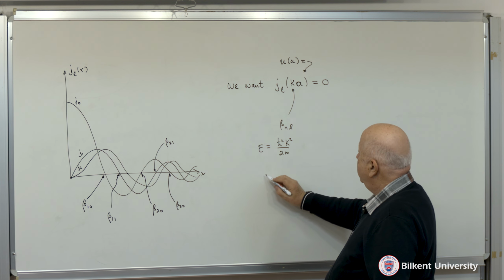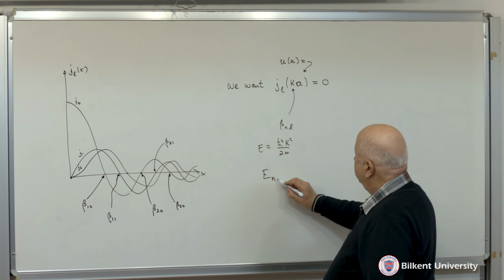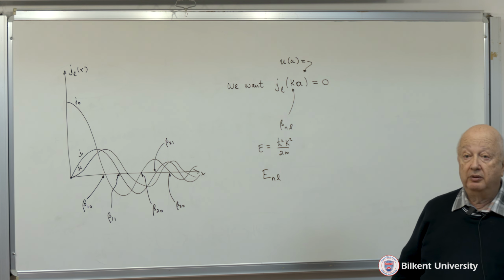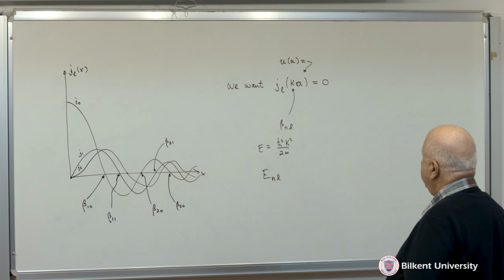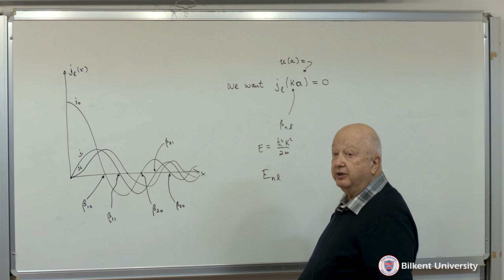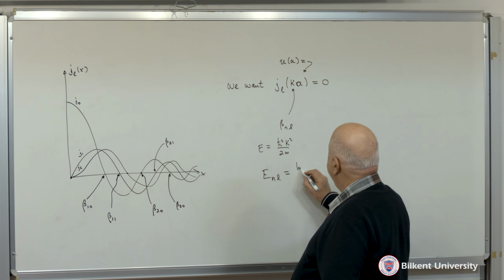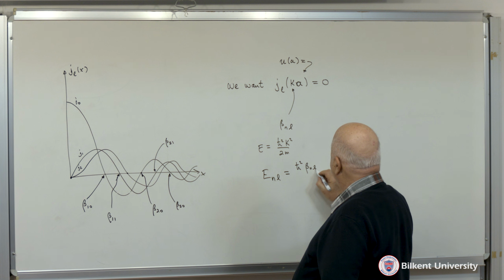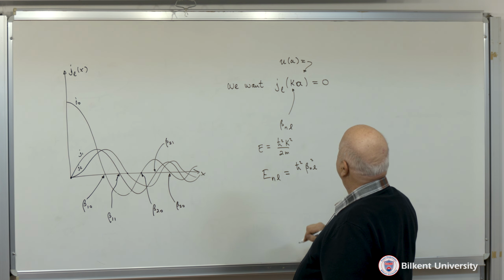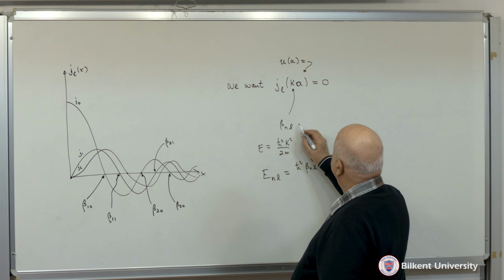That means the energy of the nth level, for the corresponding angular momentum index L, is equal to h bar squared beta_nL over a, I'm sorry, I have to put in beta_nL over a for k, so that I get a 0 there. And then I have 2m a squared.